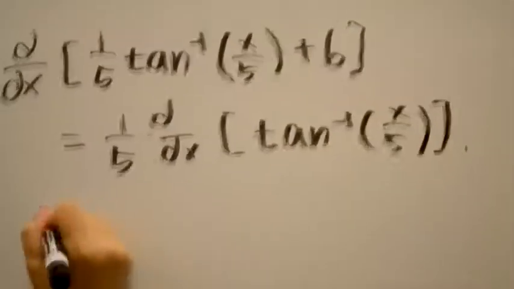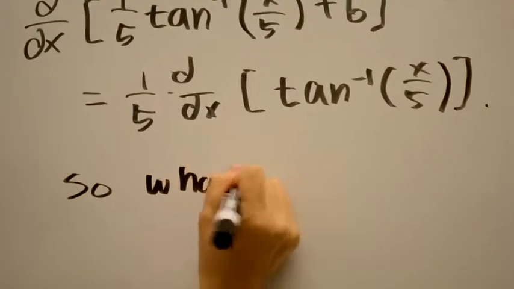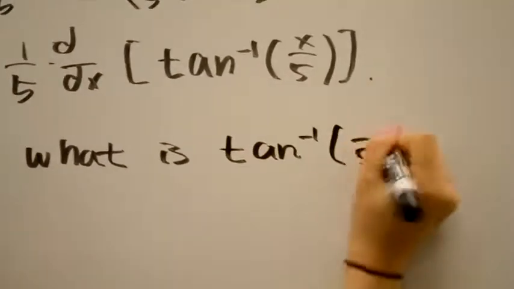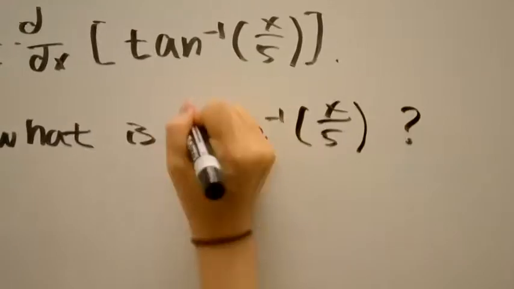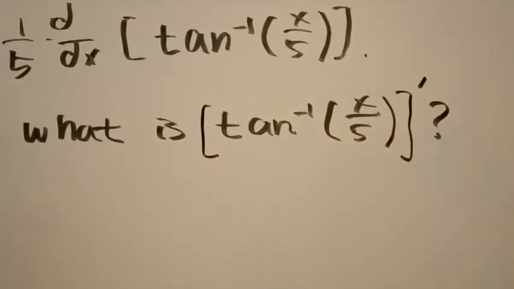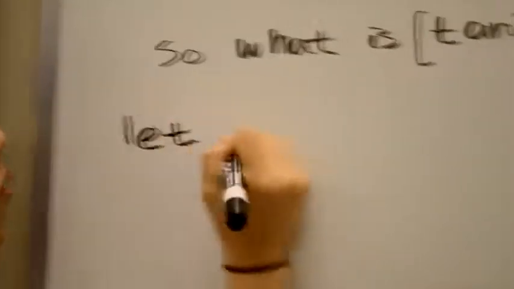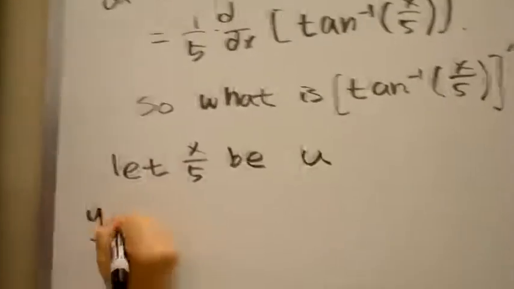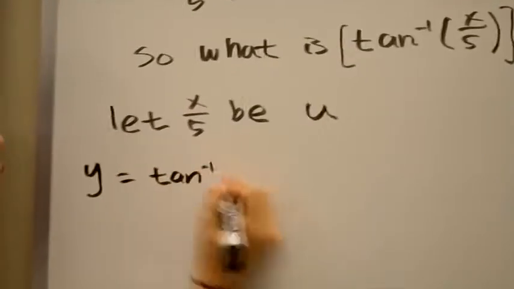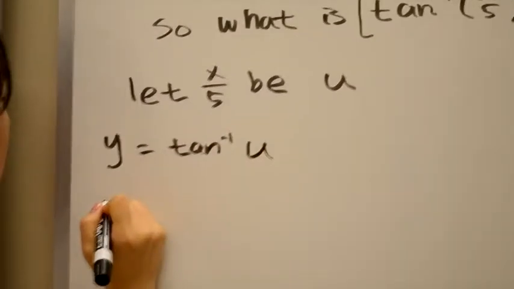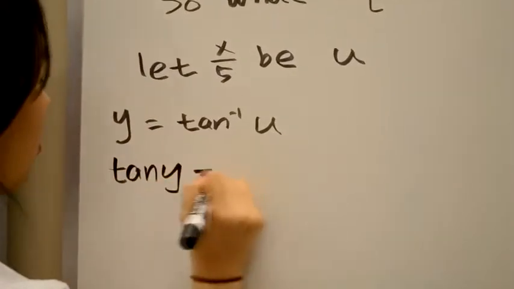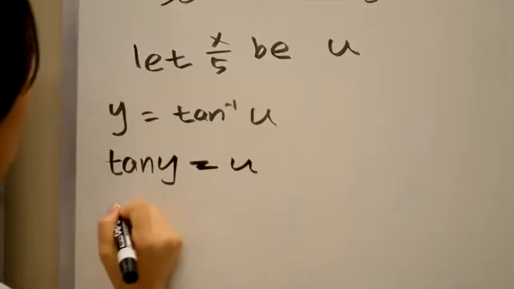So we're going to use u sub again, and the 6 at the end is going to be cancelled out because the derivative of 6 equals 0. And so we're going to put 1 over 5 to this side, and we're just going to figure out what the derivative of inverse tangent of x over 5 would be first.